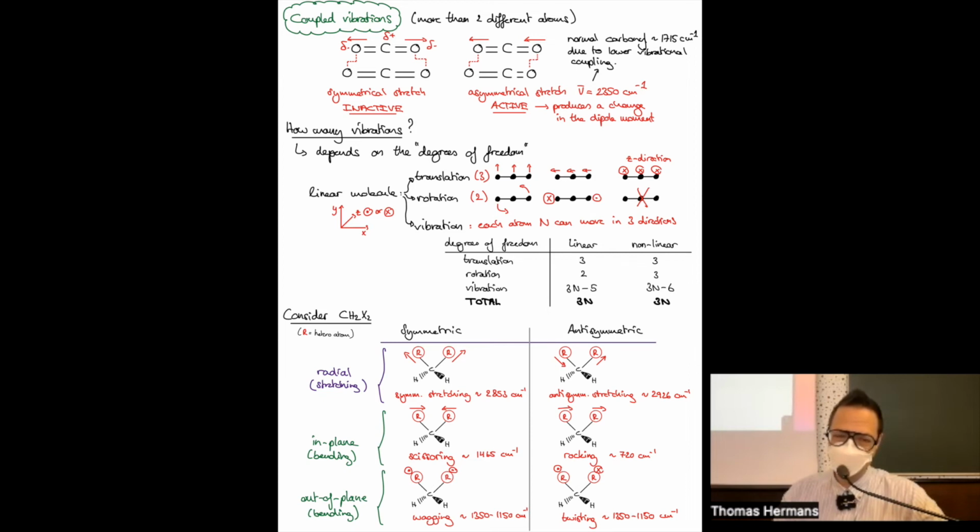And we can now imagine how these bonds can move, right? Let's imagine that the central carbon stays in the same spot, but this right carbonyl will become longer, and the left one as well.